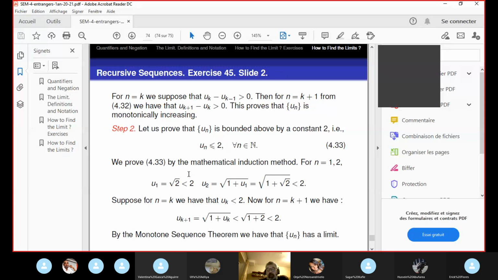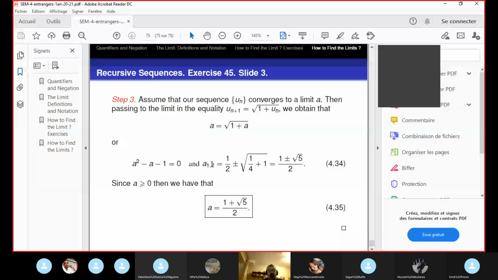Good. So now the last step, a very interesting step, because our question is to find the limit of our sequence. We have proved that the limit exists, but how to find the limit?